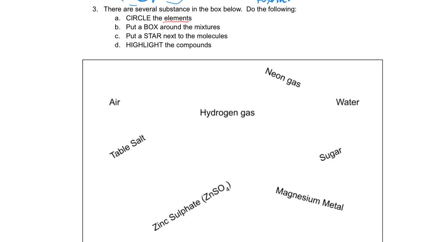You can tell that zinc sulfate has more than one element in it, so that's not an element. Now hydrogen, that's the very first element in the first column, so we're going to go ahead and circle that one. Hydrogen gas, remember, is H2 because it's one of our diatomic molecules. And so it is a molecule, but it is only one element. So we consider that to be an element.